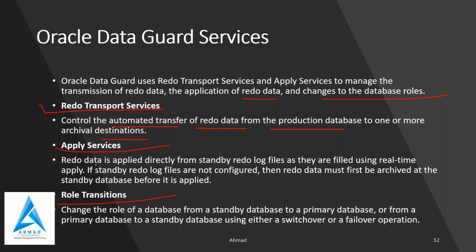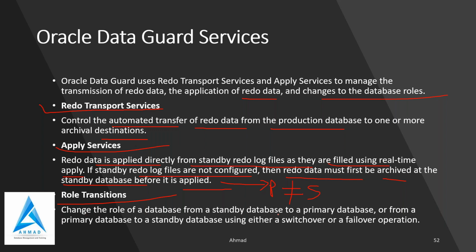And in apply services, redo data is applied directly from standby redo log file as they are filled using real-time apply. If standby redo logs are not configured, then redo data must first be archived on the standby side, and after that it will apply. So your primary and standby will not be synchronous in this situation.